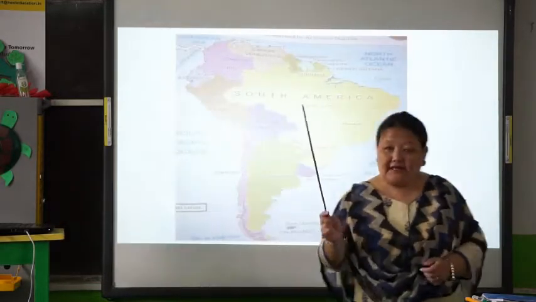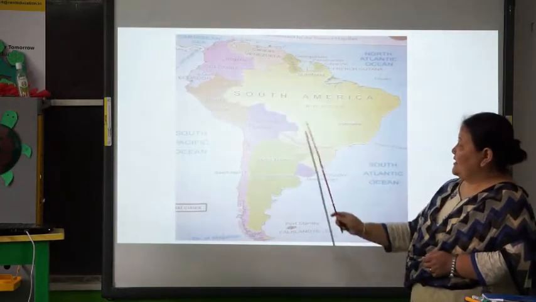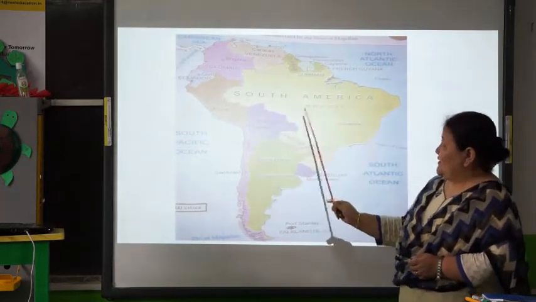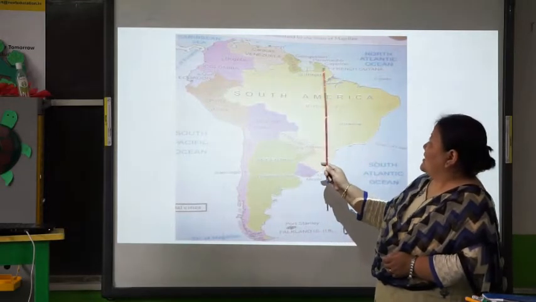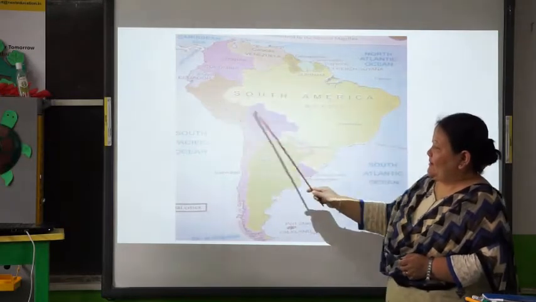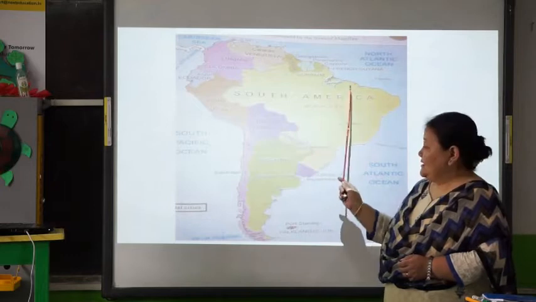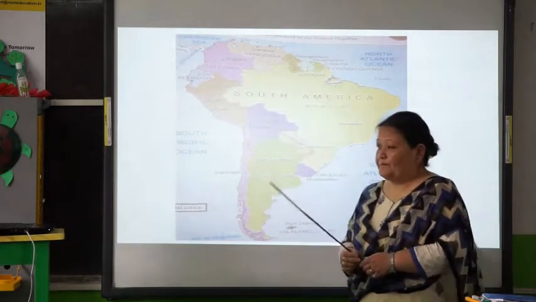So yeah, these are the different countries of South America. Okay, so the largest being Brazil. So there are 12 countries in South America.